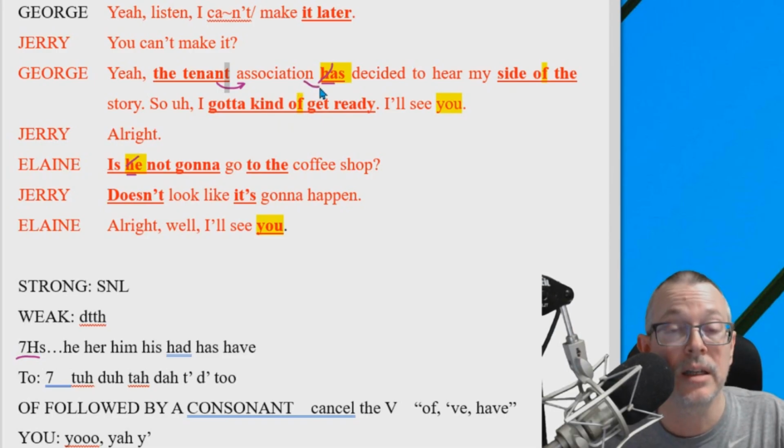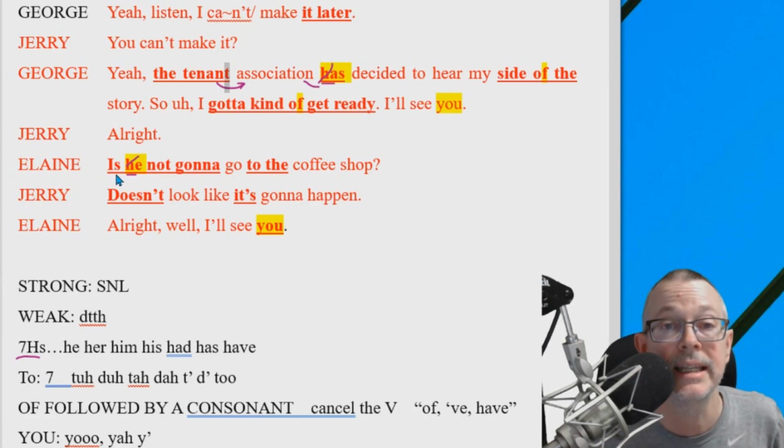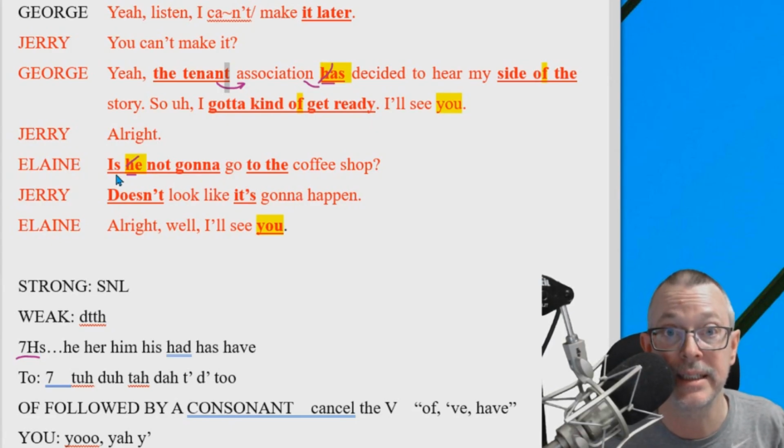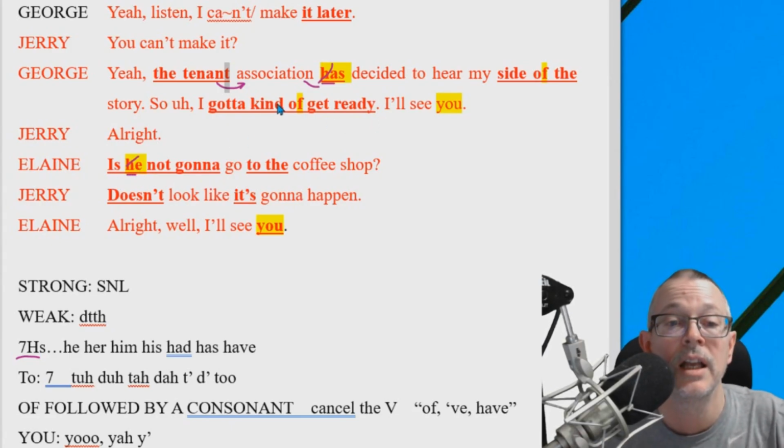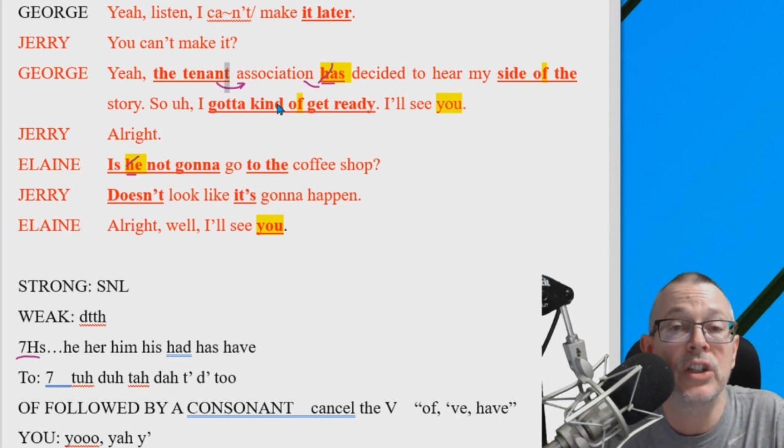We have to link. "Association as." Perfect pronunciation, "association has." But George said "association as." Here is "he." But Elaine said, "is he?" There's no H. The tenant association as decided to.